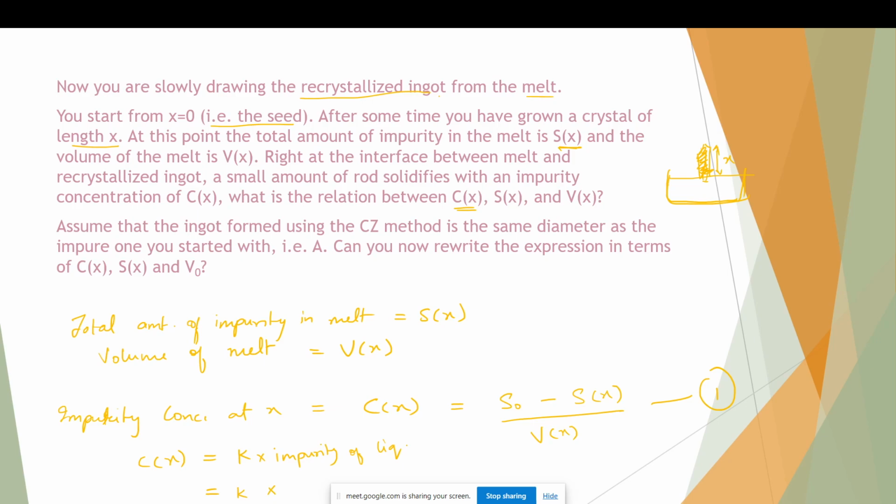The impurity in the melt is S of x, but since this is impurity concentration, it will be S of x by V of x. Does this make sense? That is K times S of x by V naught minus AX.